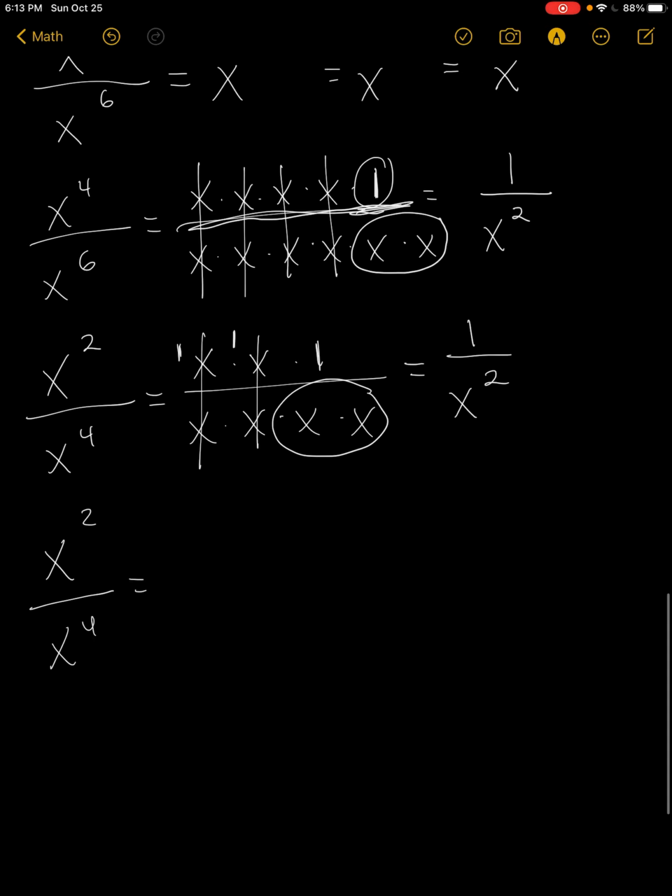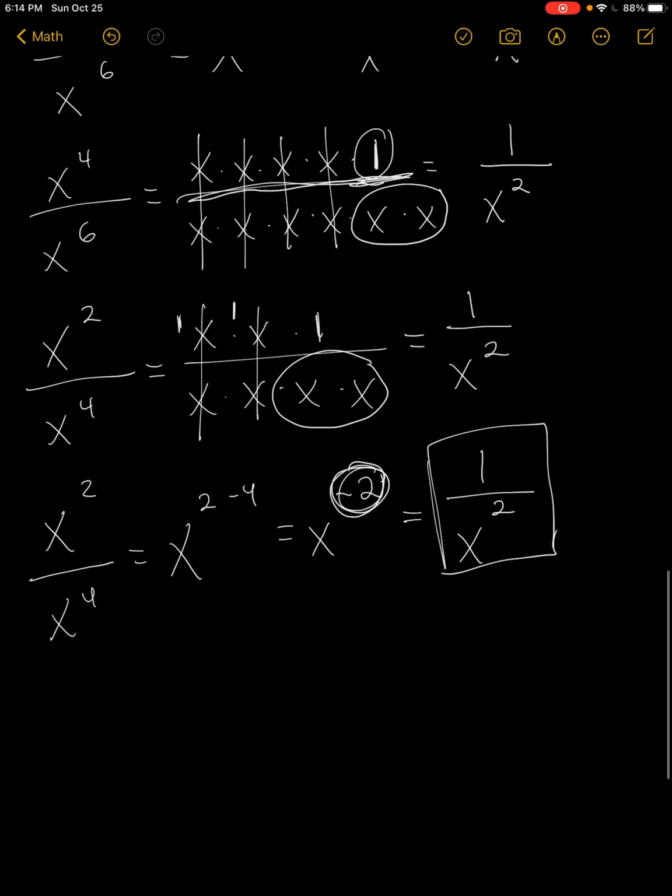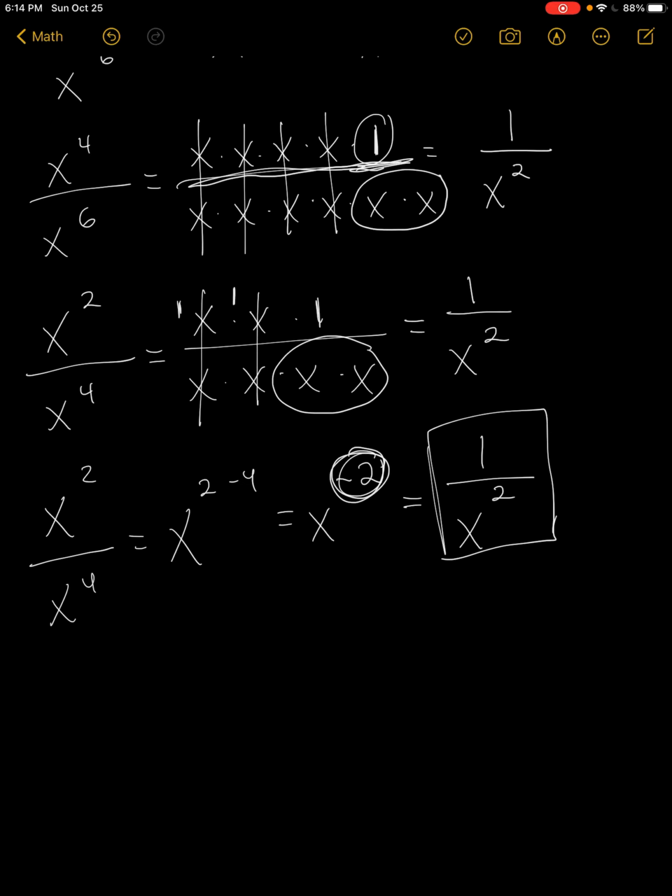So if I were going to do it the shortcut way, 2 minus 4, negative 2. So to the negative power means 1 over x squared, the positive of that, the opposite of this, right? So that's what it means when you get a negative exponent, okay?